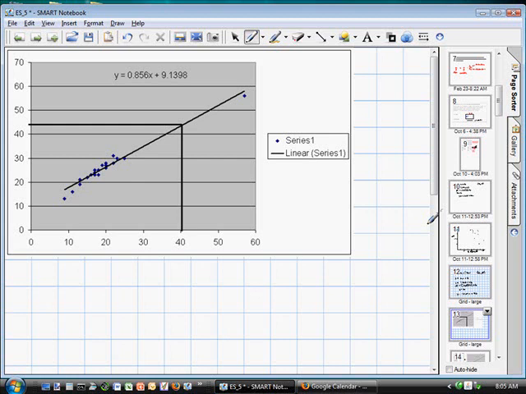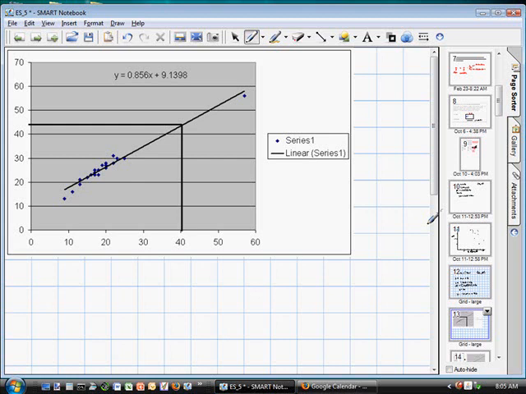The answer is, I'd go over to 42 and go up until I hit my best fit line. When I hit there, I can read off to the side and say, okay, my predicted y value is 43-ish, or somewhere in there. Now, of course, you do that with great caution.